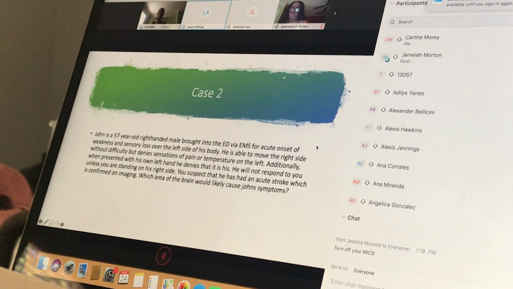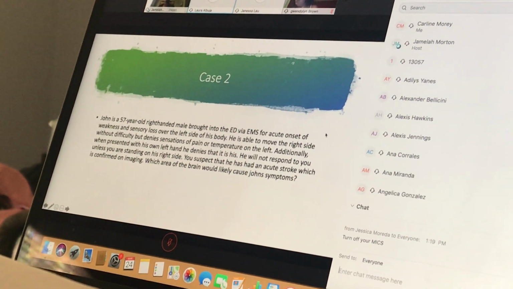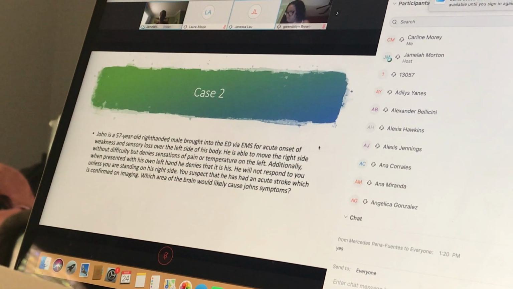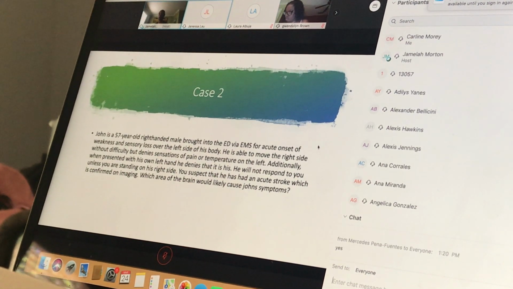Actually, a question is, would an abscess be shown on CT? Actually, the abscess will not be shown on CT. It will show that there's an area of hypodensity, which could mean a lot of different things. It could be a stroke. It could mean an abscess. It could mean a tumor. It is very hard to tell. You can't say it's not an abscess.